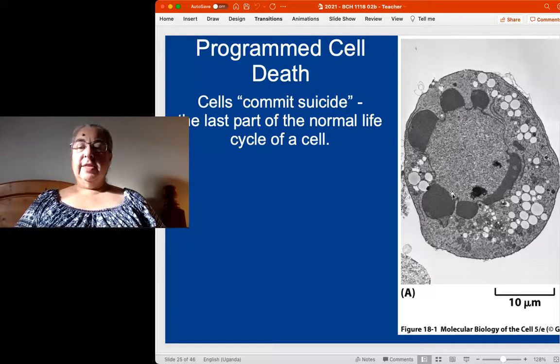So the contents of the cell are not being released outside. They're breaking down. They're no longer normal cell contents, but they're still enclosed in a membrane. So they're not damaging any of the other cells around.